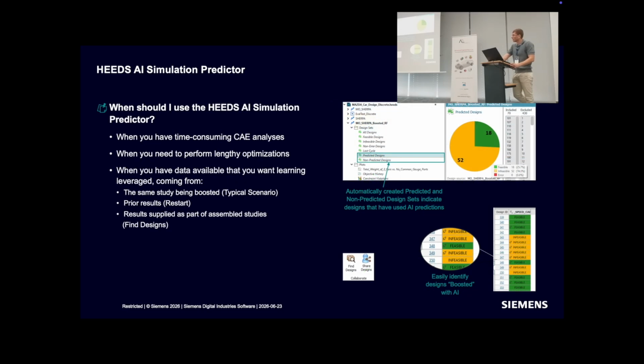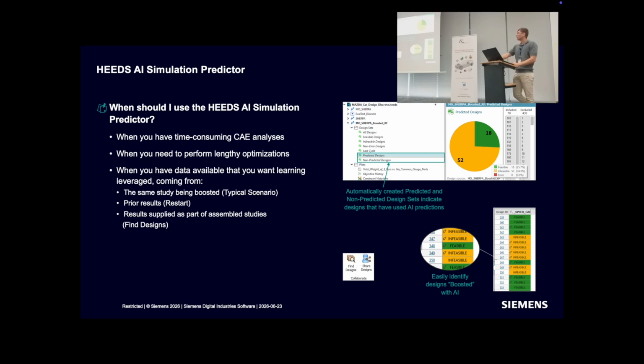Again, as I previously talked about Simcenter Physics AI and ROM AI, here is when to use the HIDS AI simulation predictor, because not all cases are the same.